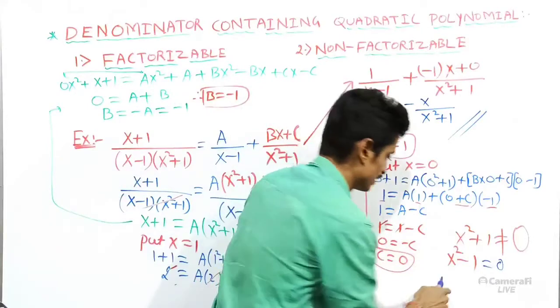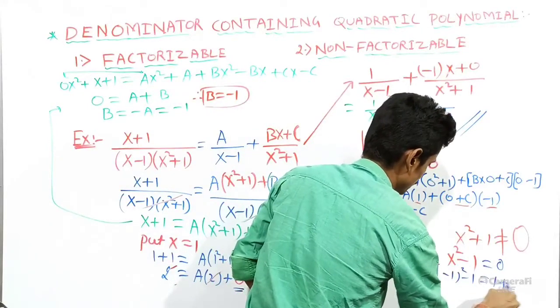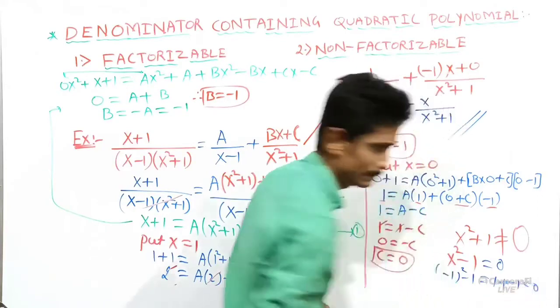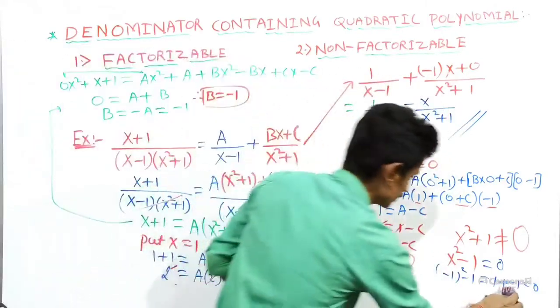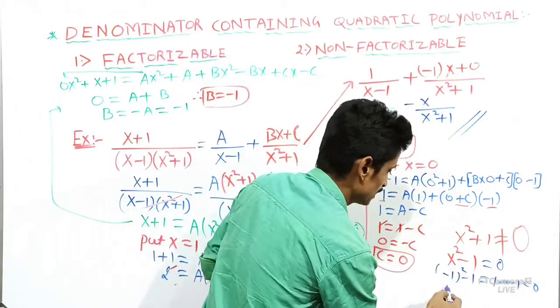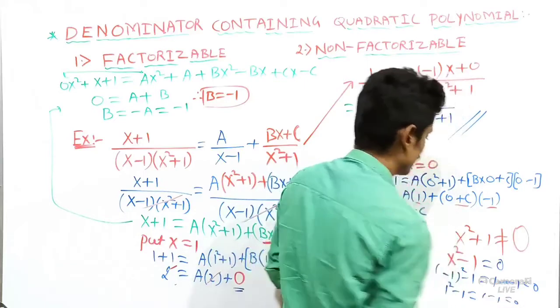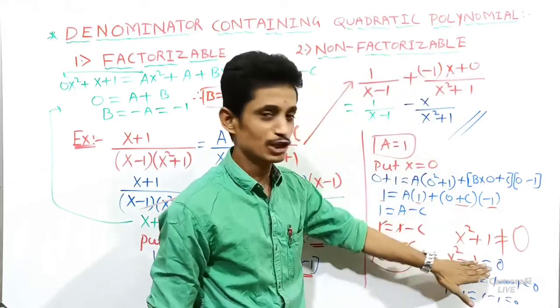One is minus 1: minus 1 whole square minus 1, 1 minus 1 will be 0. One more number is there, that is 1: 1 square minus 1 is 1 minus 1, which will be 0. So here we got 0.